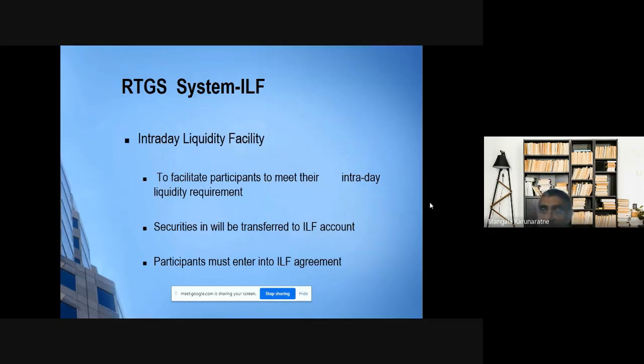Most banks have shift-basis staff for this activity, so they will get to know.